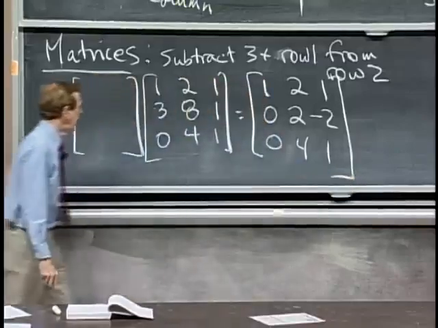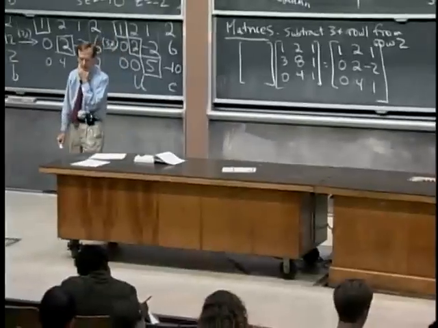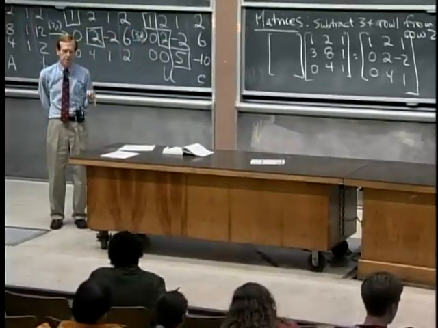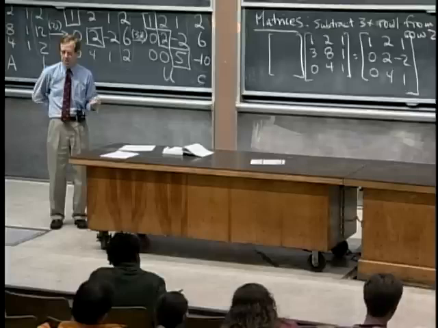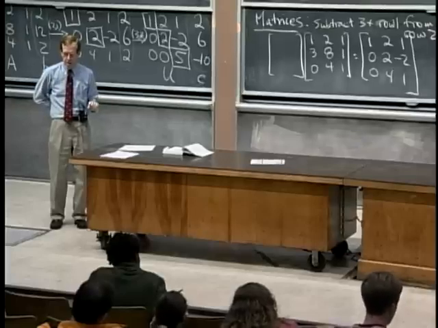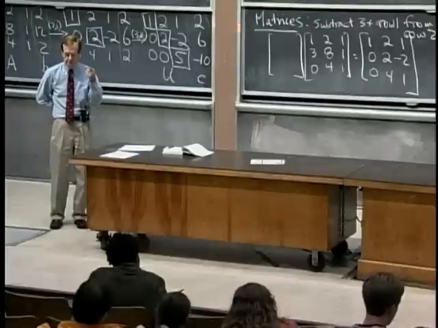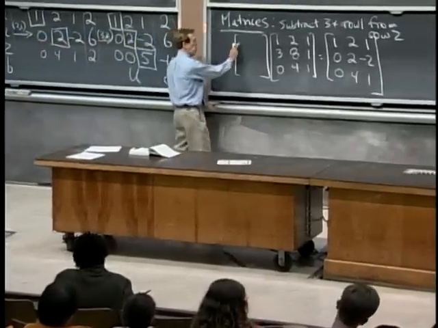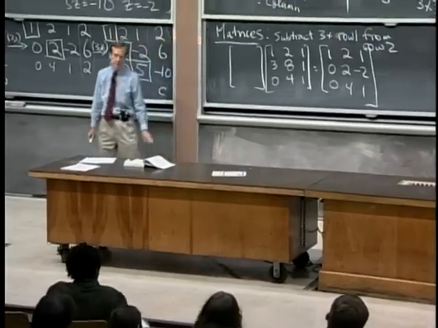Good. What matrix will do it? It should be a pretty simple matrix because we're doing a very simple step. We're just doing this step that changes row 2. So actually, row 1 is not changing. So tell me how the matrix should begin.